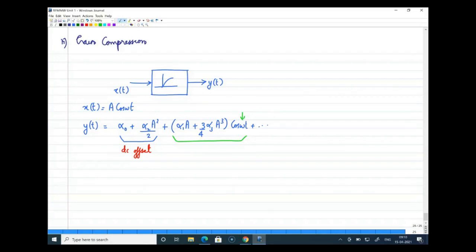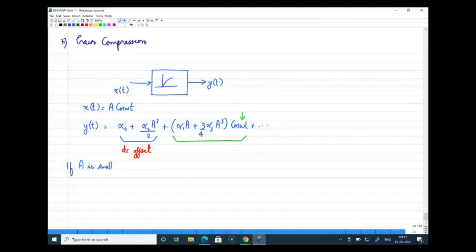Now if you look at the small signal gain of the circuits, when we talk about analog circuits, the small signal gain is usually obtained by assuming all the higher order terms, especially harmonics, are negligible. The reason for those terms being negligible is very simple.